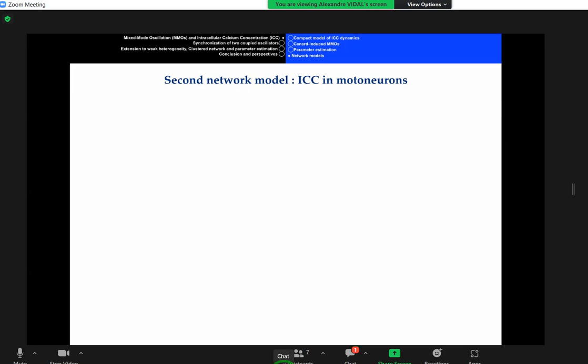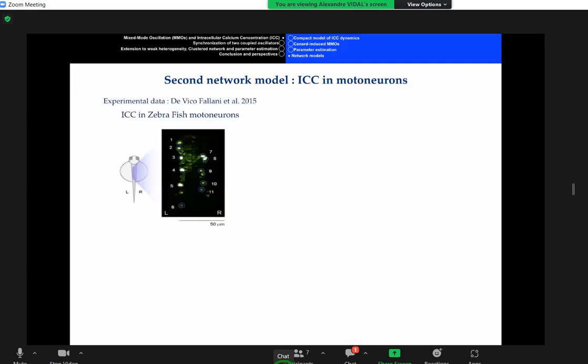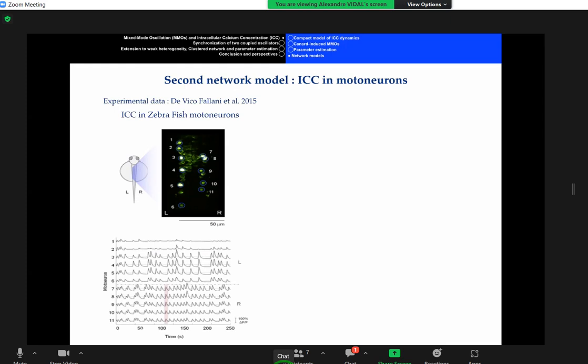in some sense because the type of synchronization that we need to analyze is much richer. So the experimental data we started with were the same experimental data that I have already shown here, where you have, it's called motoneuron, but in fact it's the different time series for each neuron identified on the picture above, and the ICC time series along time during 250 seconds.